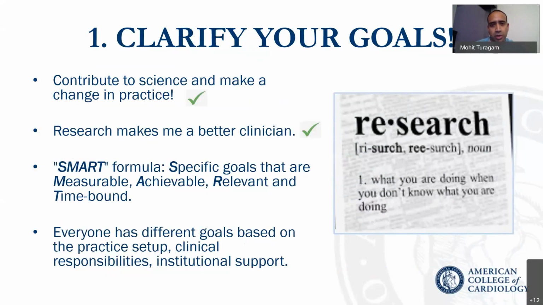Or is this just peer pressure, that you want to be involved in research and look good compared to your peers? But whatever the reason, it is always important to have specific goals that are measurable, achievable, relevant, and time-bound. Because everyone has different goals based on their practice setup, their clinical responsibilities, and their institutional support. So you just can't compare yourself with other people around you, and you have to work with the environment that you live in.